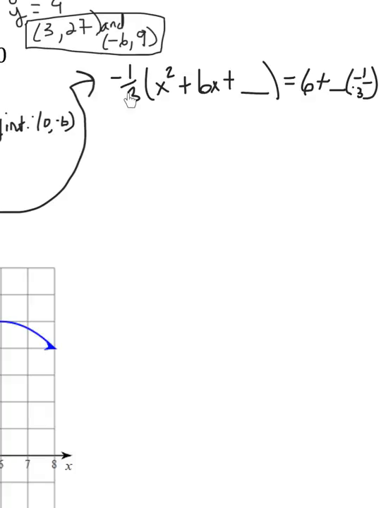But remember, we factored out a negative 1/3, so I still need to multiply this number over here also by a negative 1/3. So what number do we need to fill in here? Well, half of 6 is 3, and 3 squared is 9. So we're going to put a 9 in here, and we also need to put it in here. Don't forget that we're multiplying these together. Now I'm going to rewrite my equation in vertex form, and then we're going to find the vertex and the axis of symmetry.